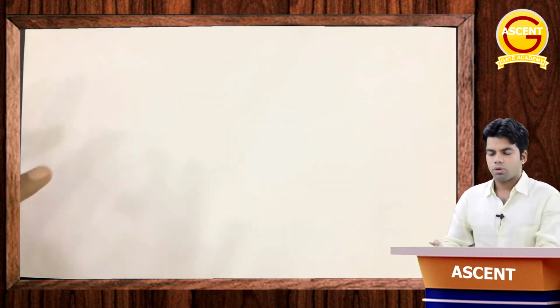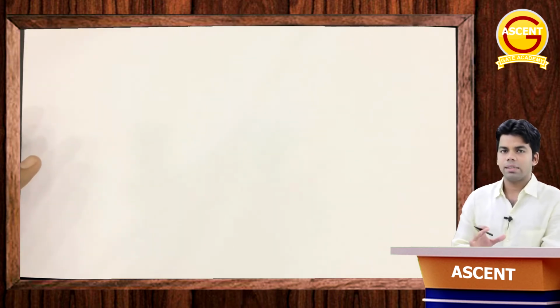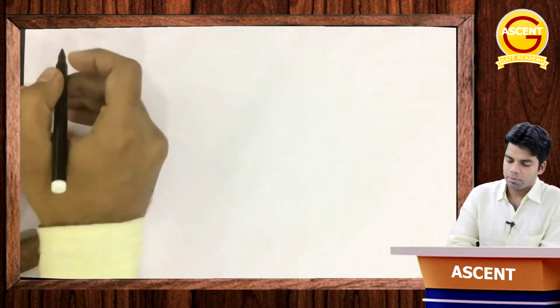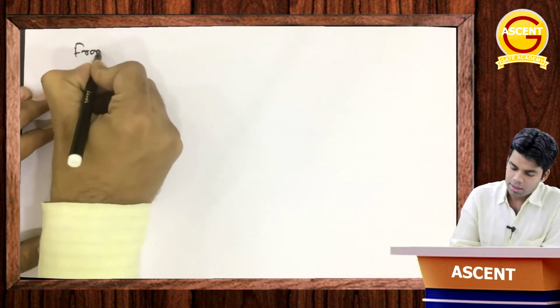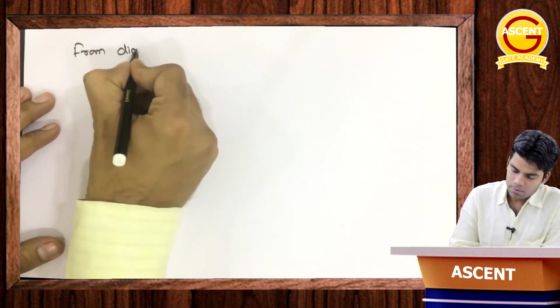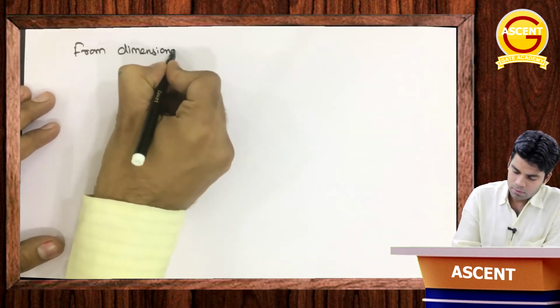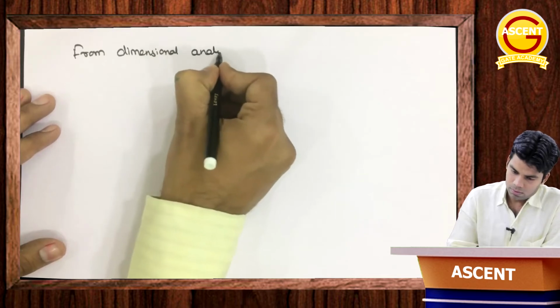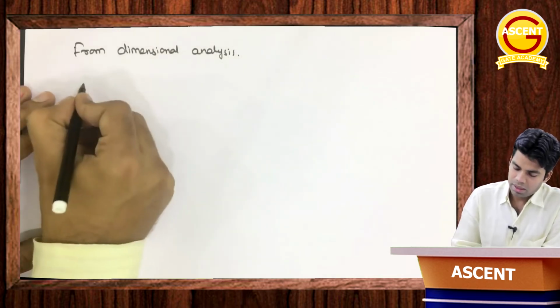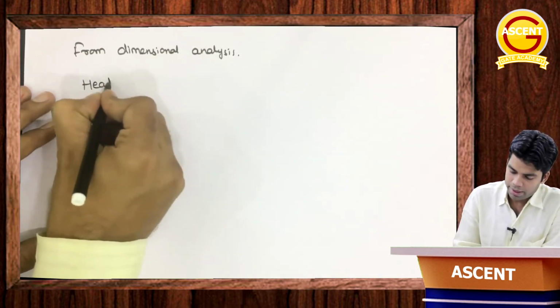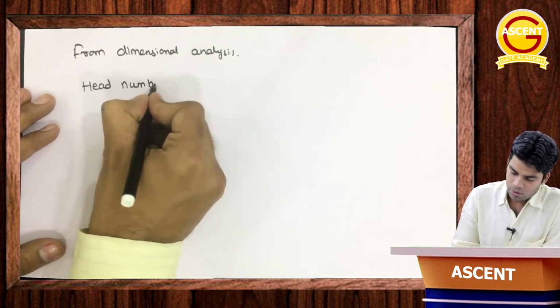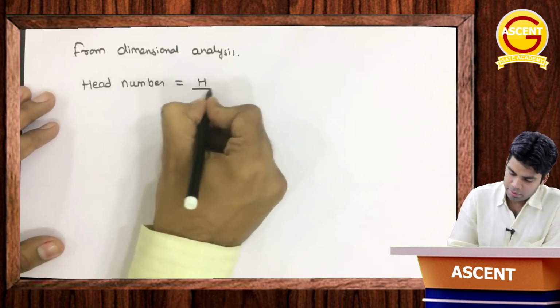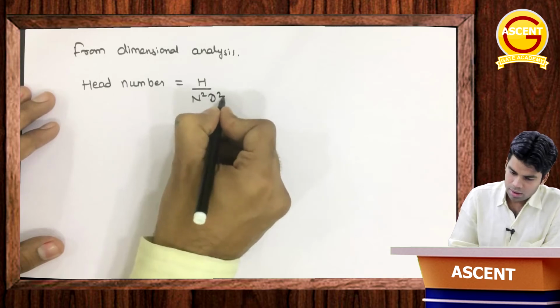Now from dimensional analysis we get three very important numbers. The very first number is the head number, which is equal to H by N square D square.